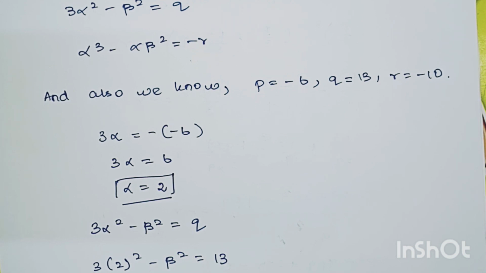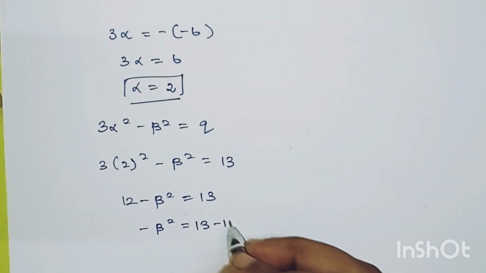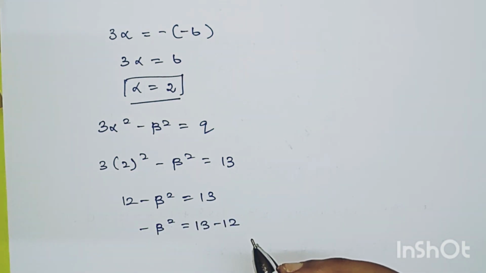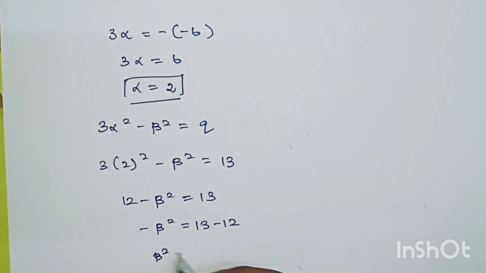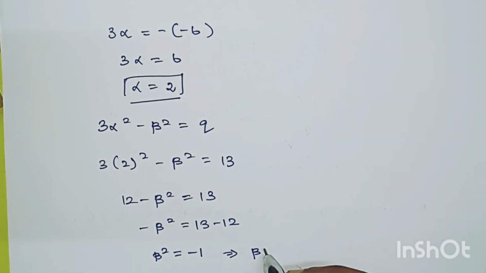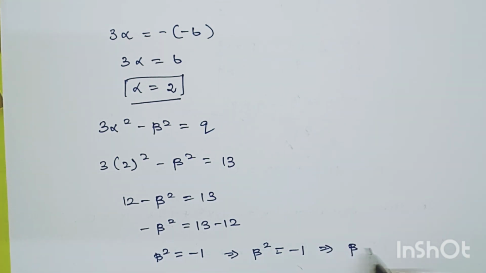So 12 minus beta square is equal to 13, that is minus beta square is equal to 13 minus 12. That is beta square is equal to -1. So beta is equal to plus or minus i, the imaginary root i.